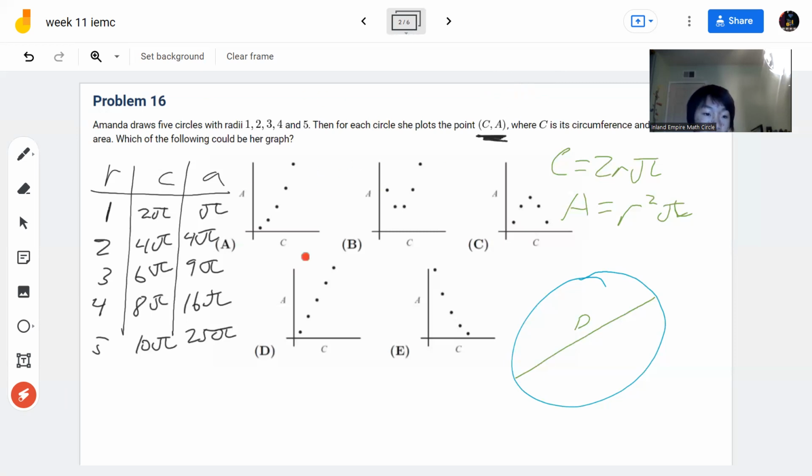All right, we can work through each one and take a look at each graph.